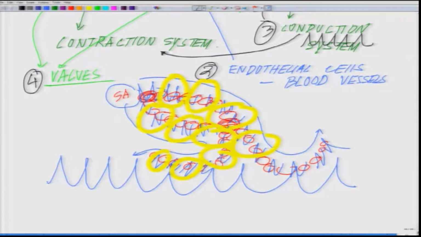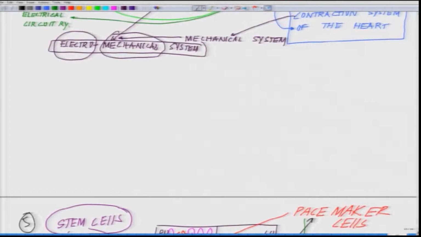Because of this induction effect, the contraction system, which constitutes the cardiac myocytes, is activated. If these are the conduction system, this leads to an induction effect.